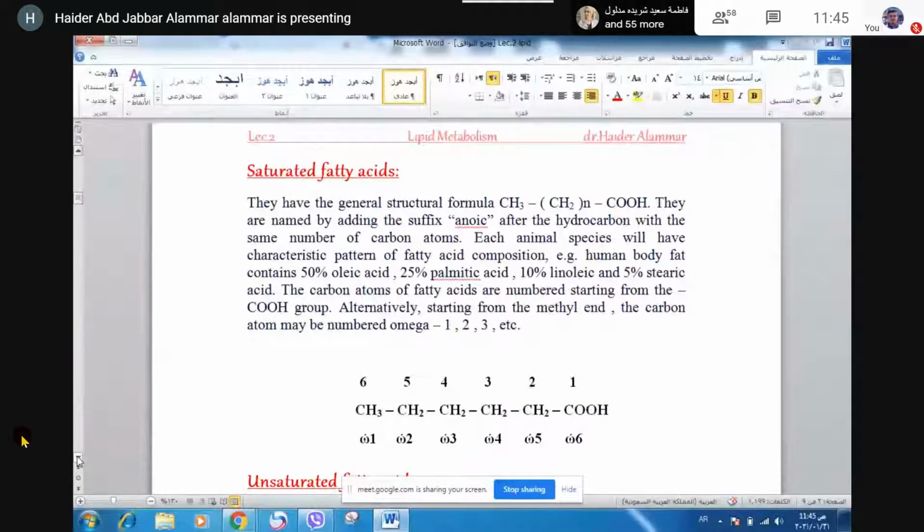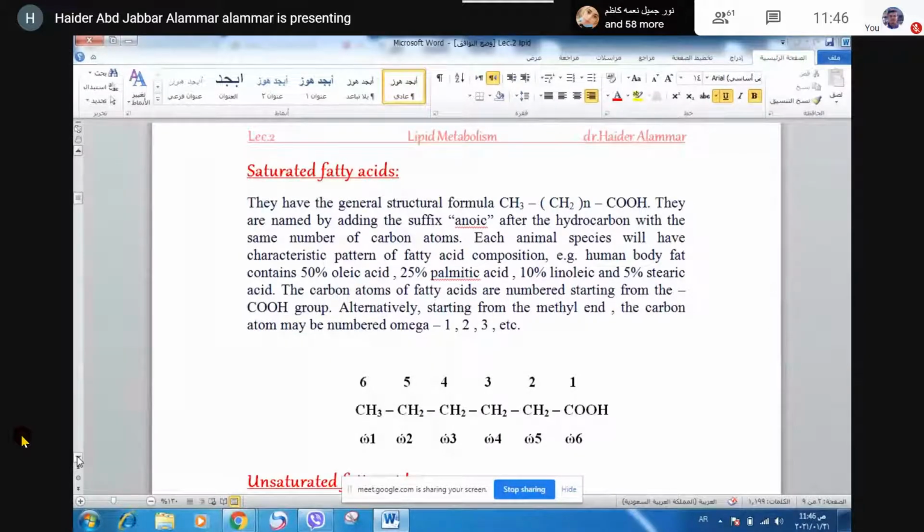This formula is required from you. As you see here, the general structural formula is CH3, the methyl group, then CH2 in brackets with n, then the carboxyl group COOH. If I give you n equal to 12, you count CH3 as 1, the CH2 repeated n times, for example 12, and the carboxyl group, to find how many carbons this fatty acid has. So n equal to 12 gives 14 carbons. This is required from you, students.